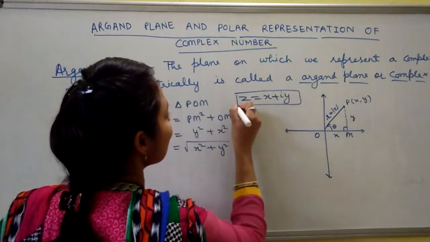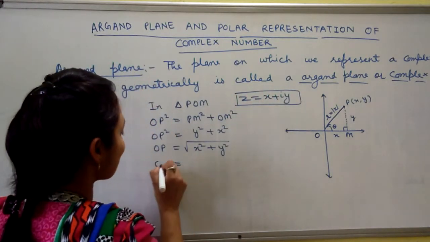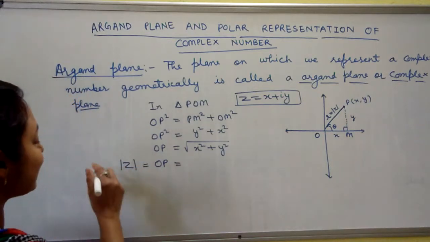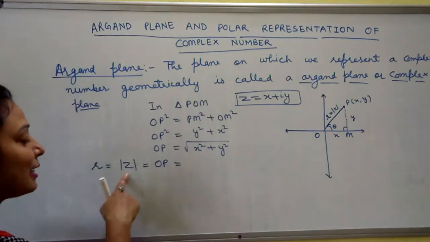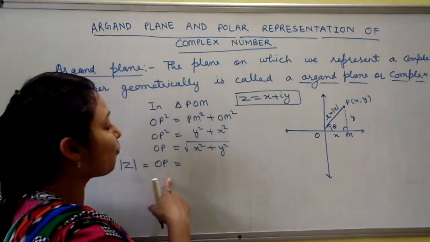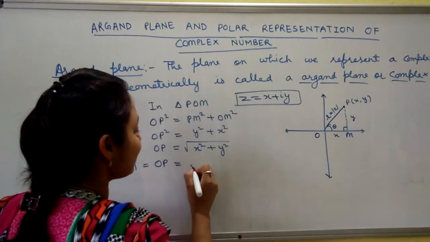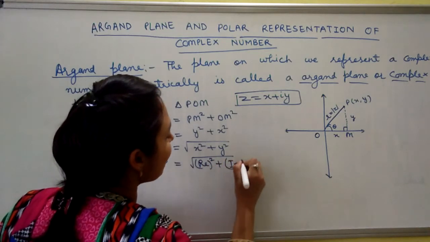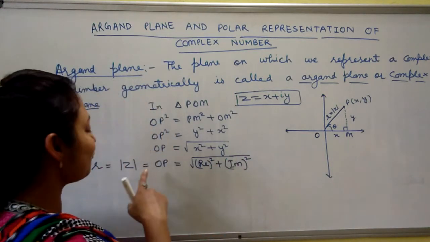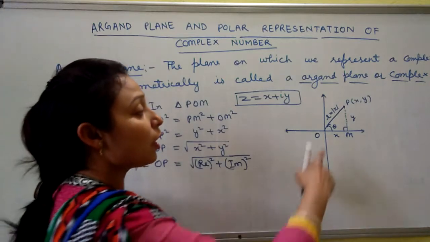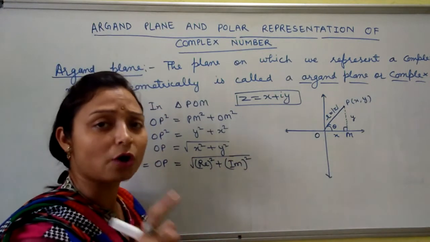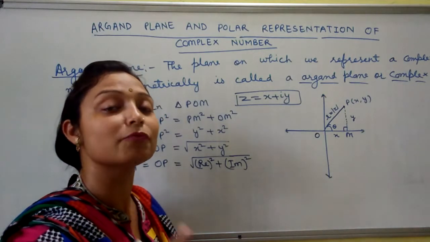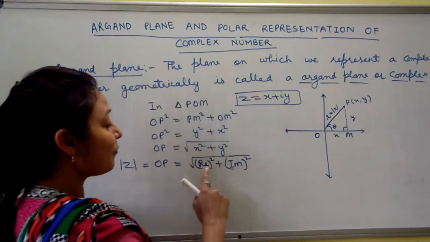OP is represented by mod z, that is r. r is the modulus, which equals mod z, which equals OP. That is the square root of the real part squared plus the imaginary part squared. So this is the formula for finding the modulus. Why do I talk about the modulus and theta? Because we need r and theta for the polar form. So we have the modulus formula.